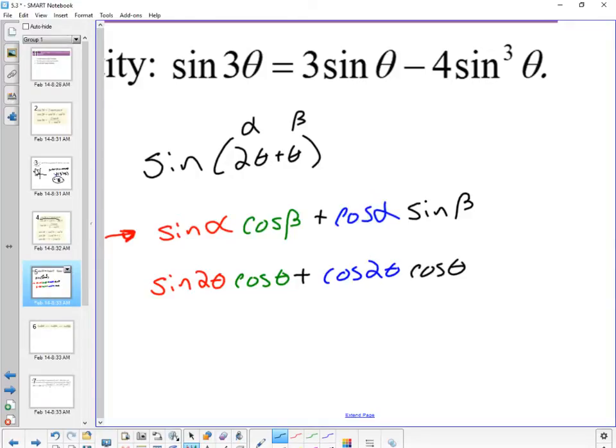So now I've plugged in the angles. Theta is just taking up the spots of alpha and beta, because we've defined alpha as 2 theta and beta as theta. It's kind of like f of x. We're just substituting. So we're good here, correct?